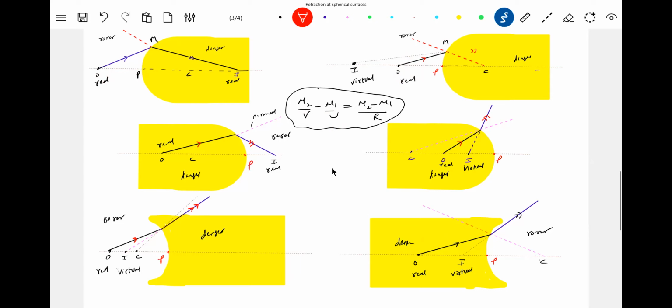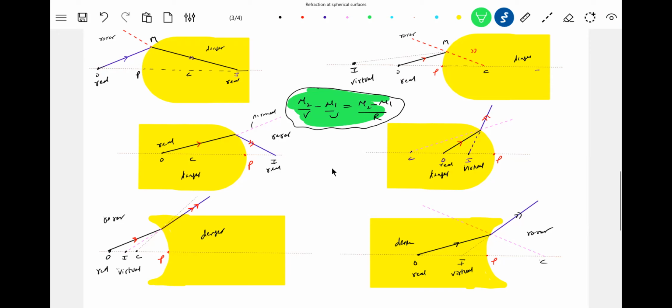All the distances are measured from the pole, and this is the axis. The direction of incident ray should be taken as positive, and you have to substitute all these things with sign. The use of this formula is all about refraction at spherical surface and the lens. In all the problems we do, refraction at spherical surface and the lens, this is the primary formula.